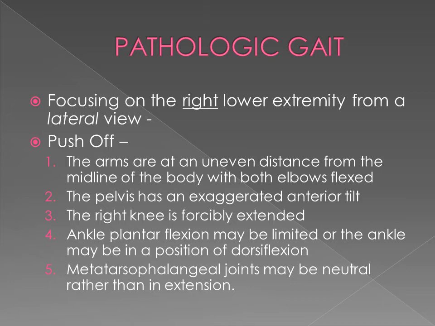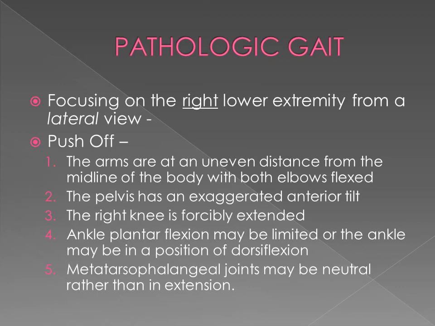The ankle plantar flexion may be limited, or the ankle may be in a position of dorsiflexion, and the metatarsal phalangeal joints may be neutral rather than in extension. And that would be common in problems with the foot, for example, pinning of the metatarsal phalangeal joints or of the phalangeal joints following perhaps a crush injury to the toes.